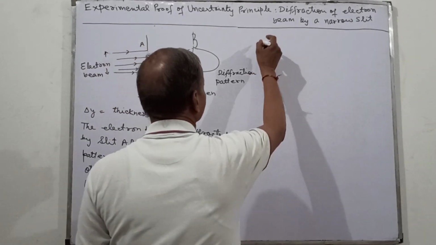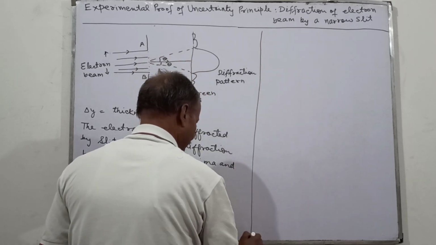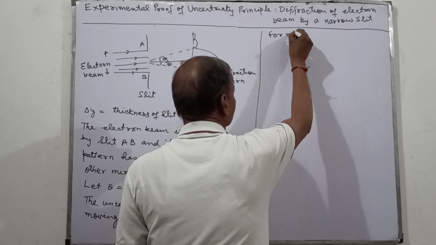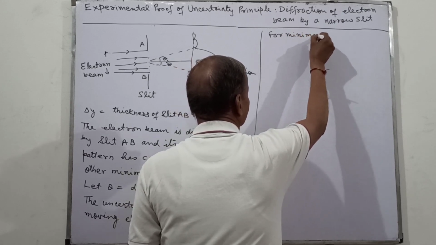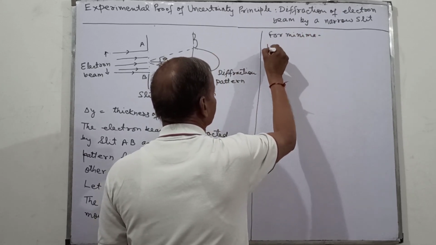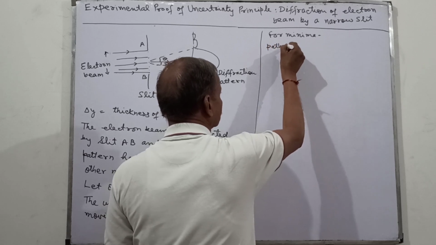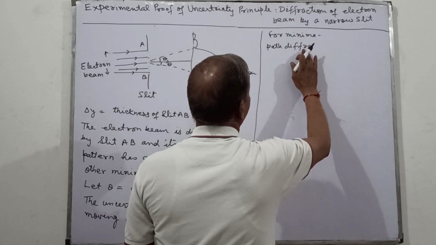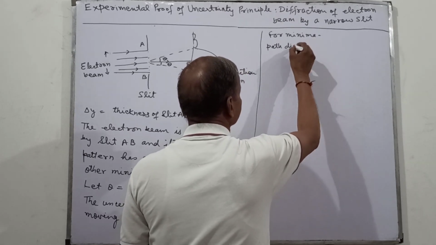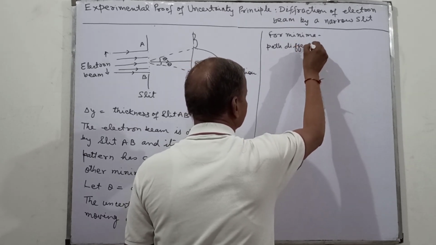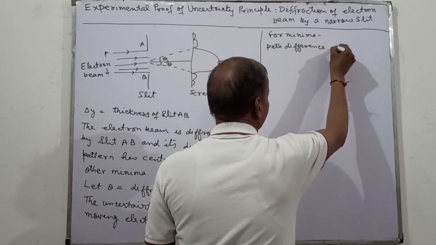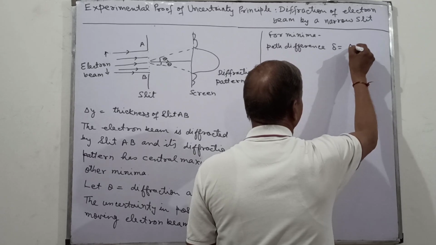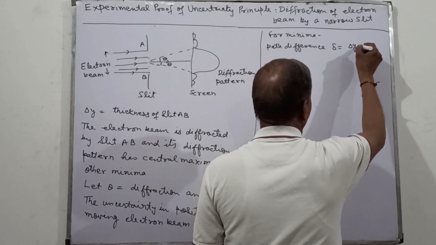So now for minima, path difference delta is equal to delta y into sin theta.